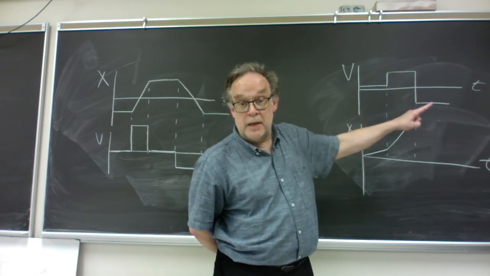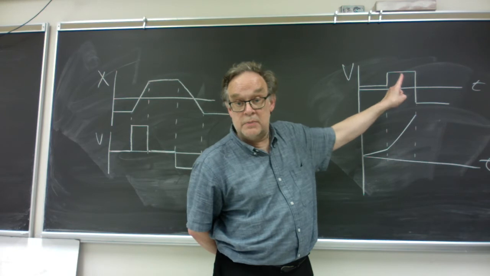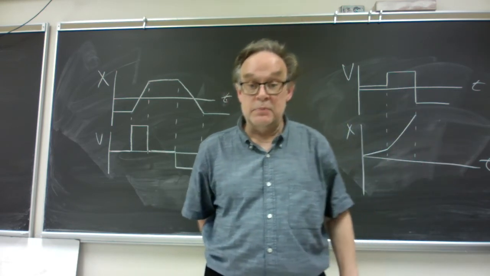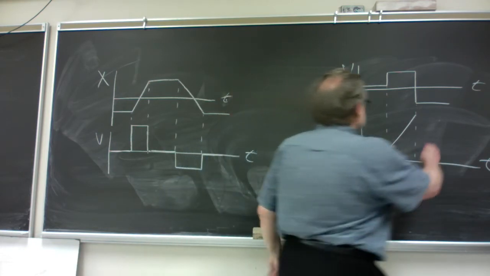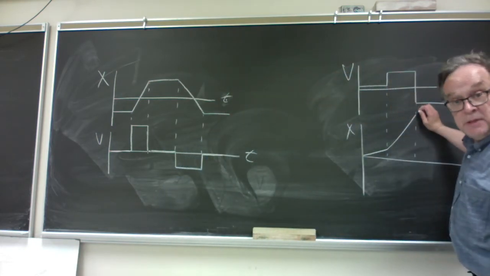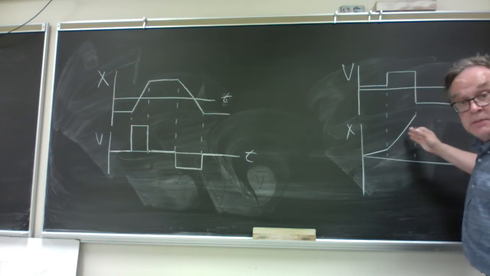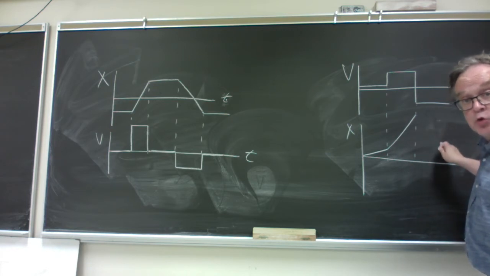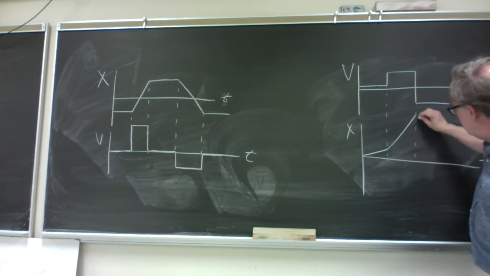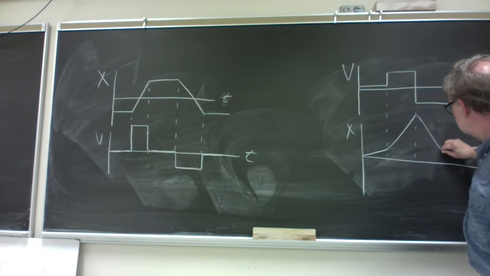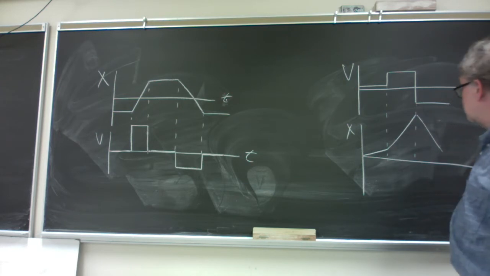In other words, the magnitude of this velocity is the same as the magnitude of this velocity. In other words, they've got the same speed, just moving in the opposite direction. So same speed means that this line must be equally steep as this. Just now this one has a negative slope, but just as steep as this. Something like that.